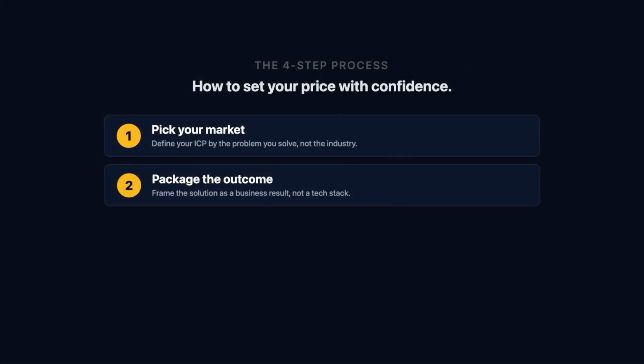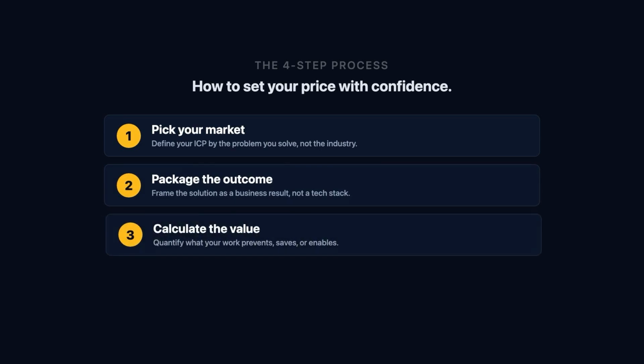So that brings me to step three, which is you have to calculate the value that you deliver. And this is where it gets real. This is where the rubber meets the road. What's a day of downtime worth to an architecture firm? If they have a project with a deadline penalty, like I had clients that did a lot of HUD projects for the city, those projects have deadline penalties, and it could be $10,000 a day or more.